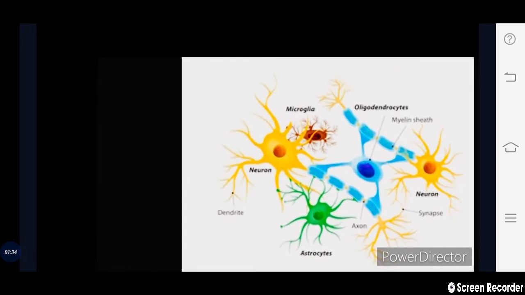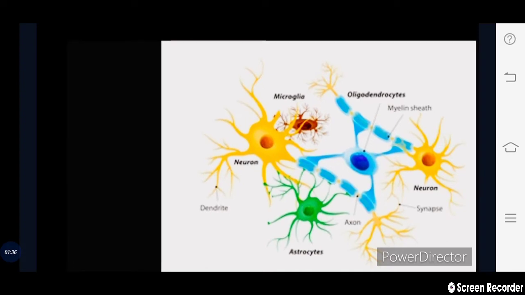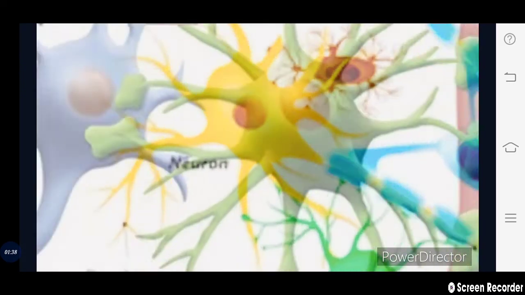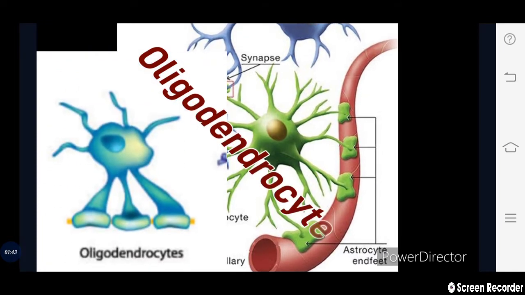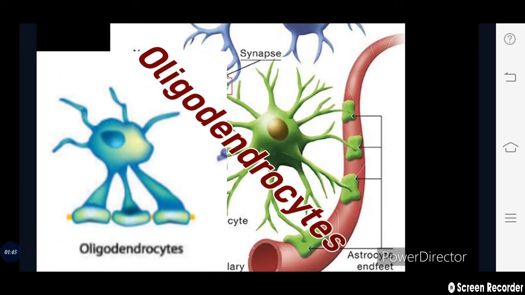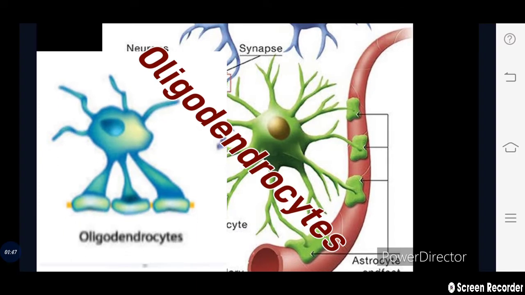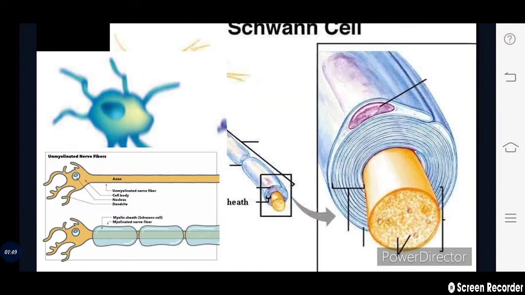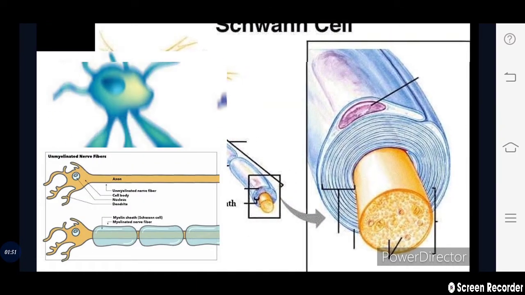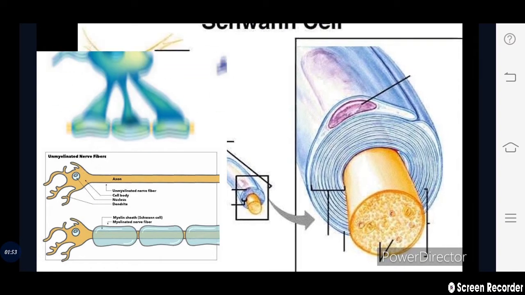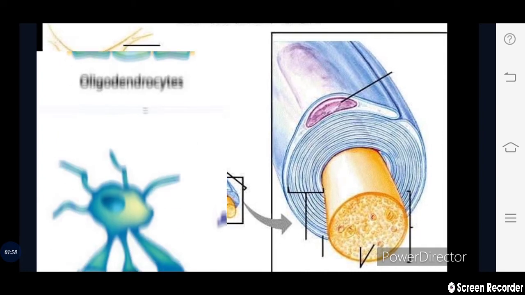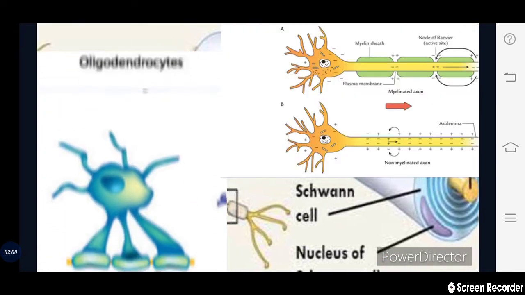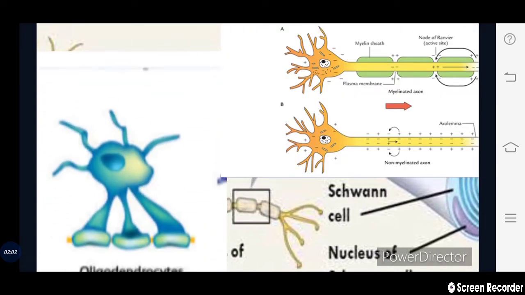So the first type of neuroglial cells is called oligodendrocytes. So what are these oligodendrocytes? These are the branched cells, and they form the myelin sheath around the axons of the central nervous system, that is the axons of neurons present in the central nervous system.